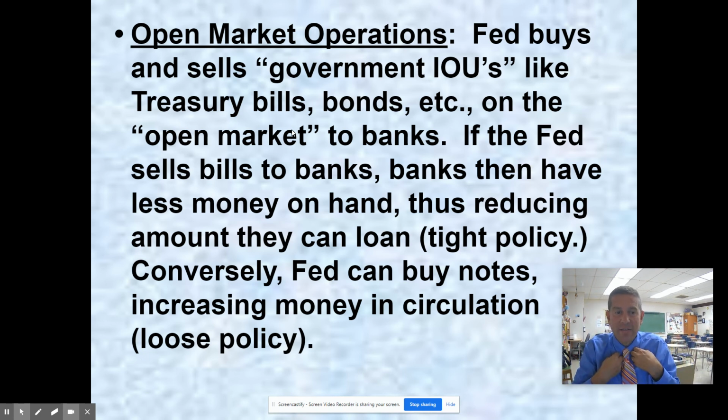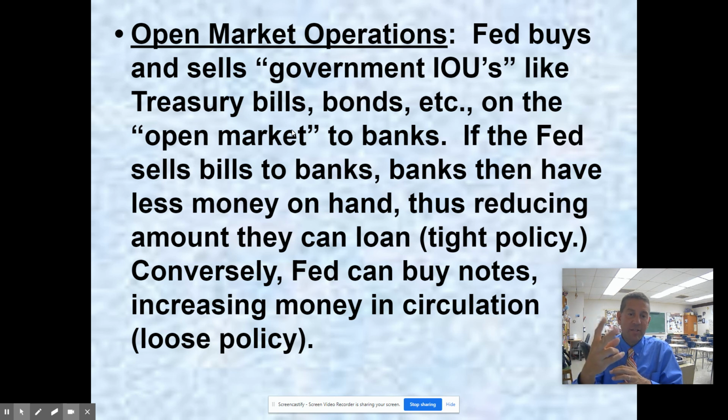And so if you're the Fed and you are taking cash out of the economy, out of the bond market, you are literally taking money out of the economy, shred it, throw it away. I just decreased the money supply, right? It is a very effective way for the Fed to very quickly take money out of the economy and tighten monetary policy by selling the debt it owns on the bond market.